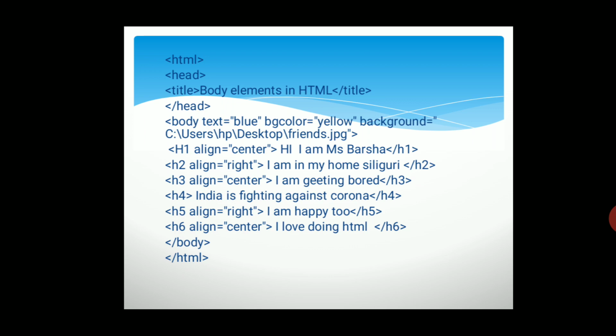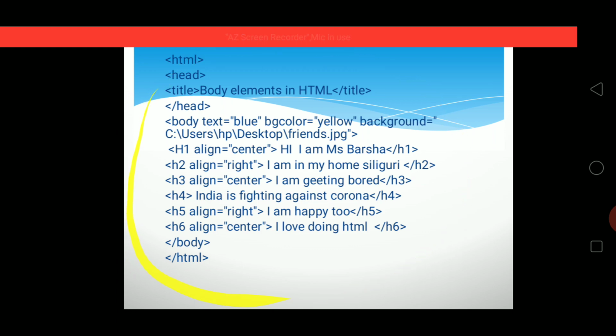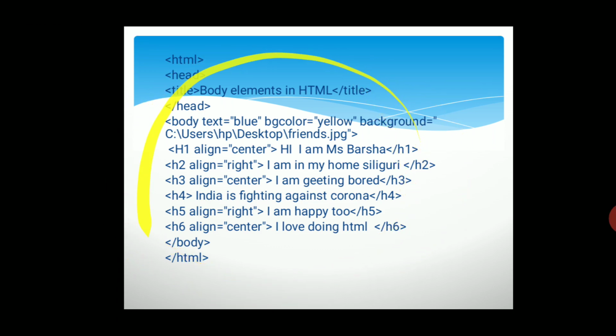If you are copying another image, you have to check the properties where you saved it and copy-paste the location over here, always inside double quotes. And don't forget to write the closing angle bracket. If anything is missing from this code, the output will not be shown, and you will not get the correct output.